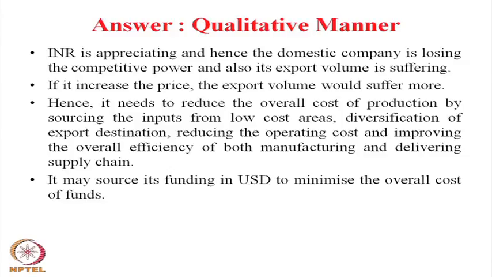So, it has to diversify the operating system. Here diversification means the company has to address how to reduce the cost of production, how to improve the efficiency of production system, how to source the raw material at the cheapest possible cost, how to outsource the production process so that it can produce the pen drive at the lowest possible cost, how to improve the manufacturing efficiency and delivery efficiency.